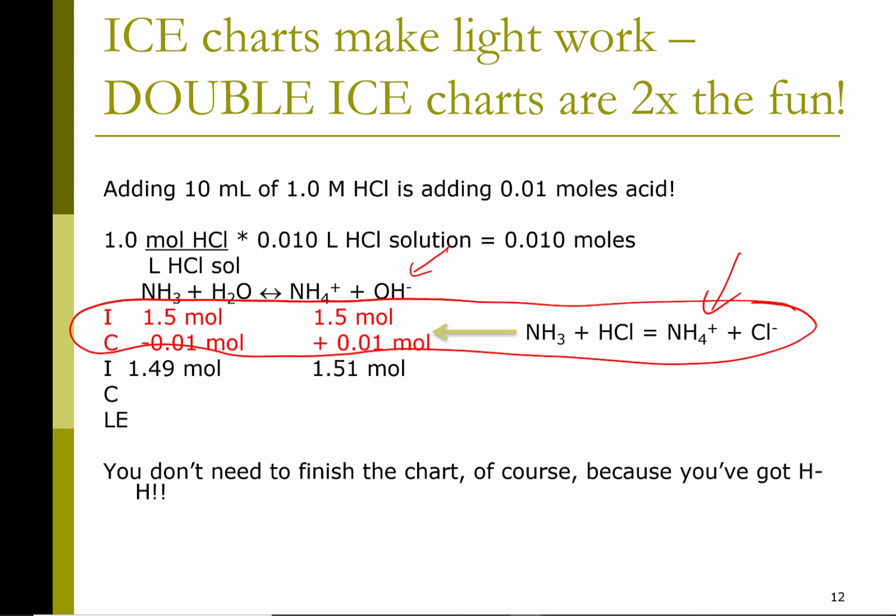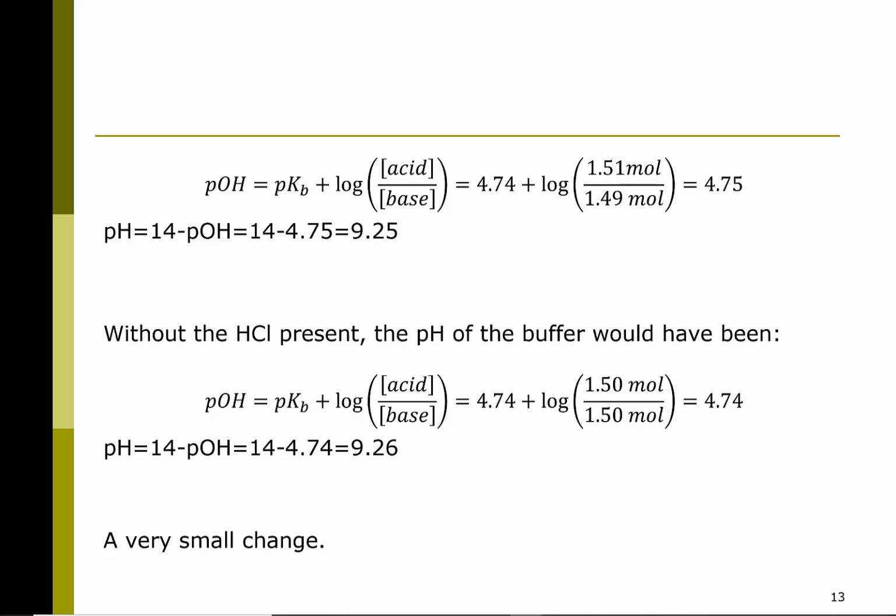Ultimately, I'm trying to do the ammonia-ammonium reaction, but this super big neutralization reaction changes the initial conditions for the ammonia reaction. And so it is sometimes shorter, if this doesn't confuse you, to do it as a double ice chart. If not, do it as a completely separate pair of ice charts.